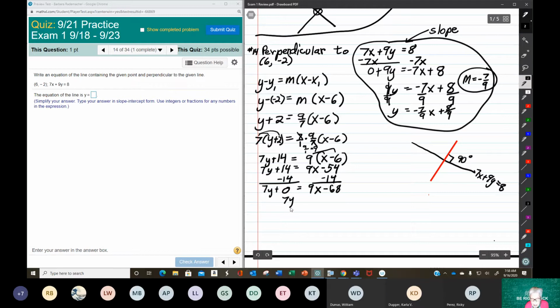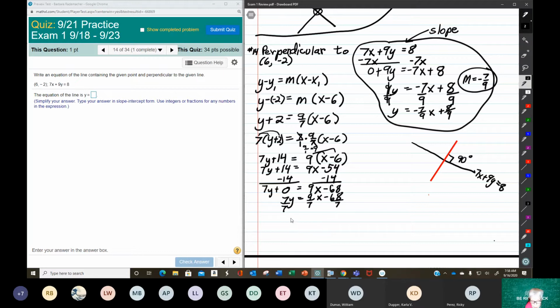So I'll have 7y equals 9x minus 68, and I'm going to divide by 7. Now, I don't believe that 7 will go into 68. In fact, I know it won't. 7 will go into 63 evenly, but not 68.